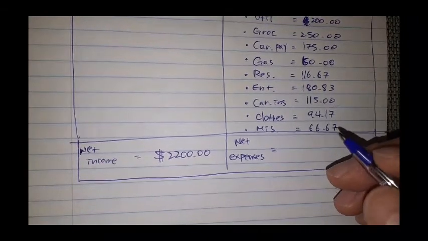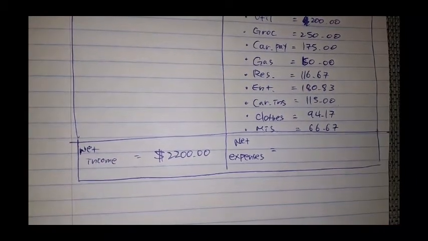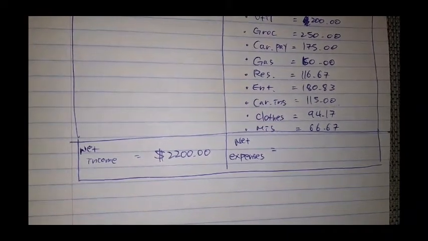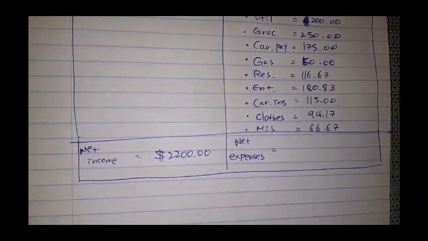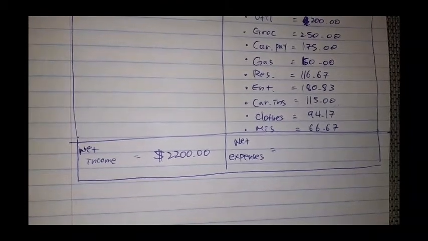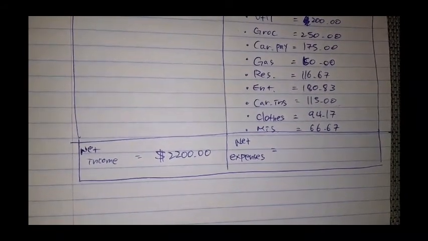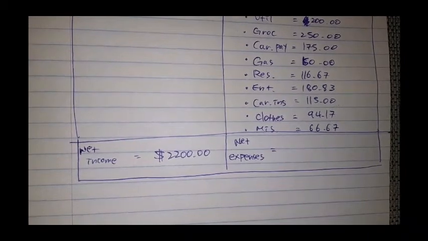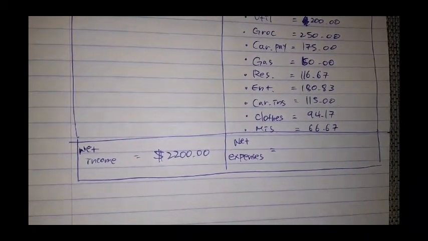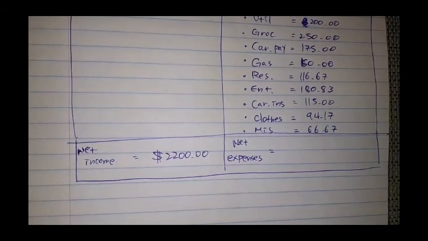You have 1,000. Did I add something wrong? Let's see. $450, $200, $250, $175, $150, $116.67, and entertainment $180.83.